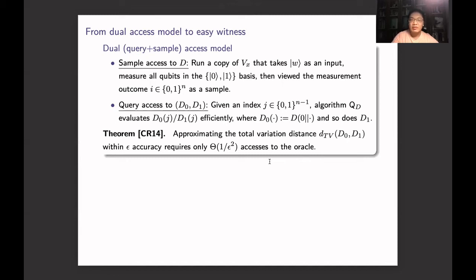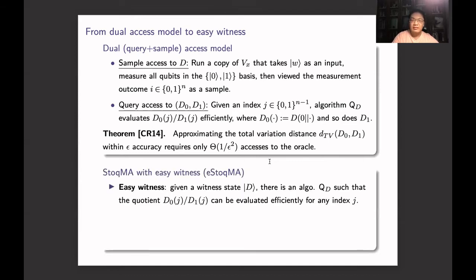They show that approximating the total variation distance between D0 and D1, which is almost the squared Hellinger distance, within epsilon accuracy requires only 1 over epsilon squared accesses to the oracle. So if epsilon is just the inverse polynomial, then the number of samples we need is just polynomial.